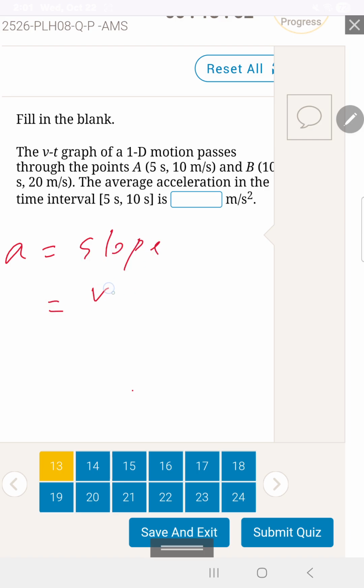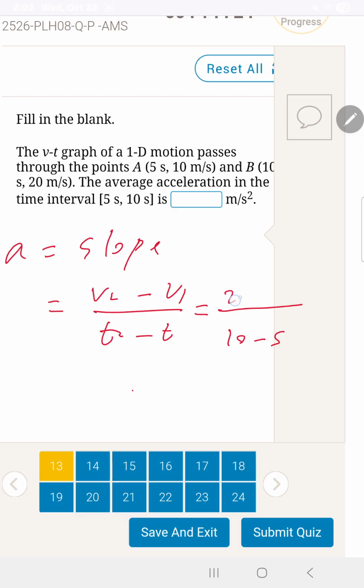So v2 minus v1 over t2 minus t1. The time interval, we put it down, 10 minus 5. The velocity here, 20 minus 10. 20 minus 10 is 10, divided by 5, which is 2 meters per second squared.